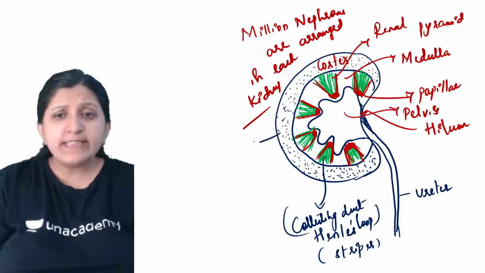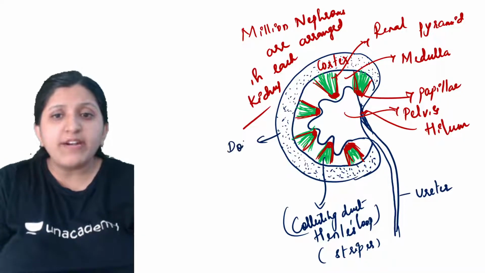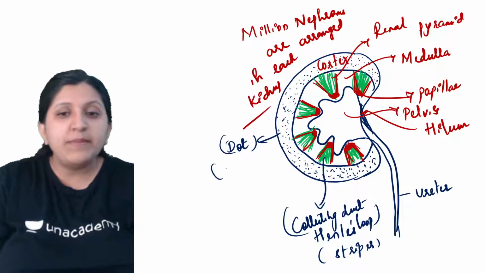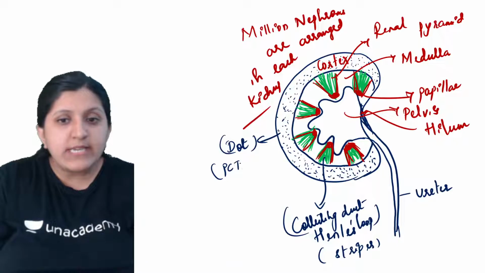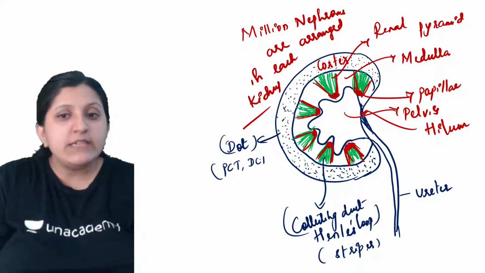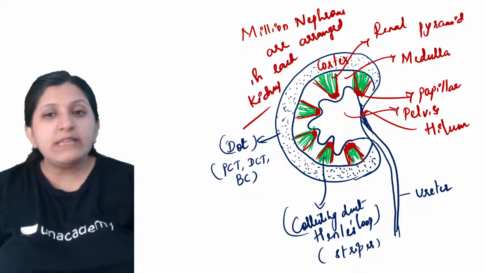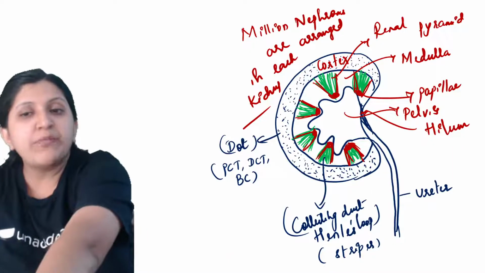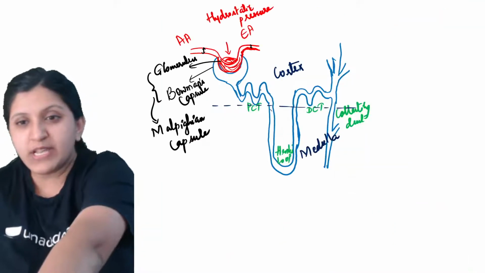And this one is giving us a dotted appearance. This dotted appearance is mainly because of PCT, DCT, and also the Bowman's capsule. All these three we can find in here, and that is how we are getting a dotted appearance when observed by taking a longitudinal section.